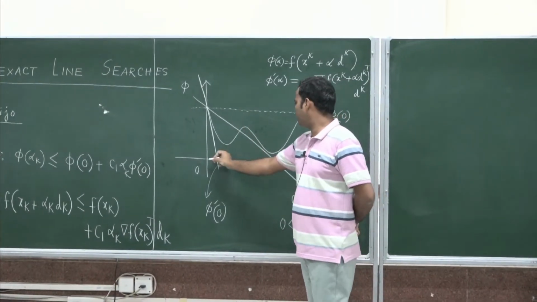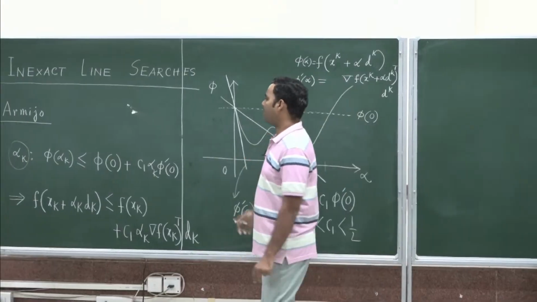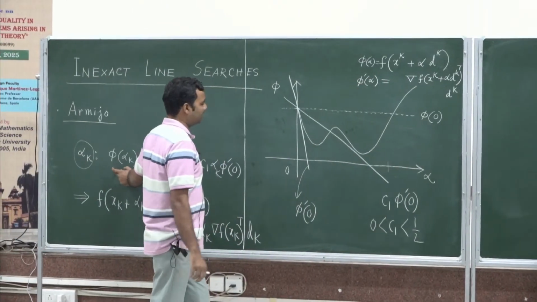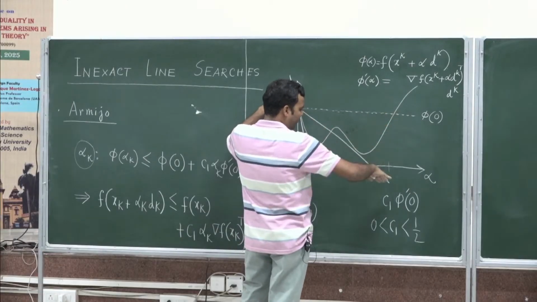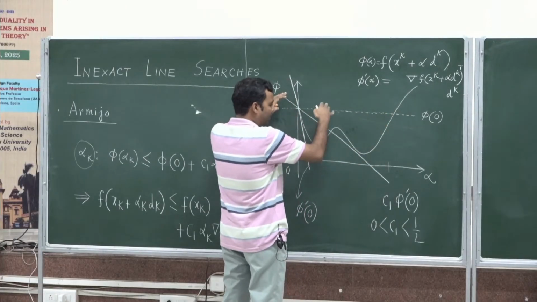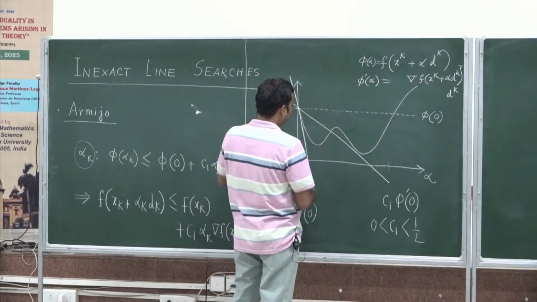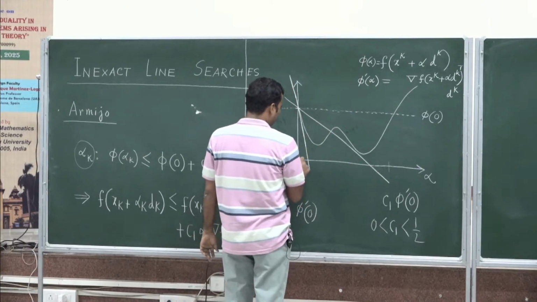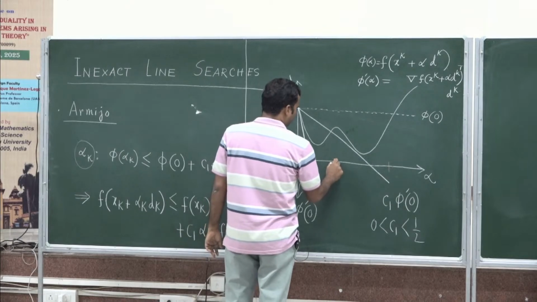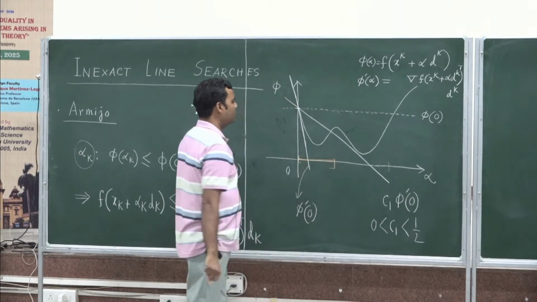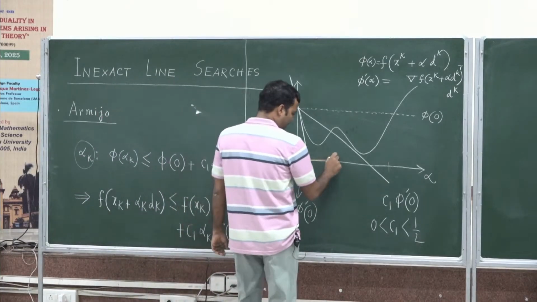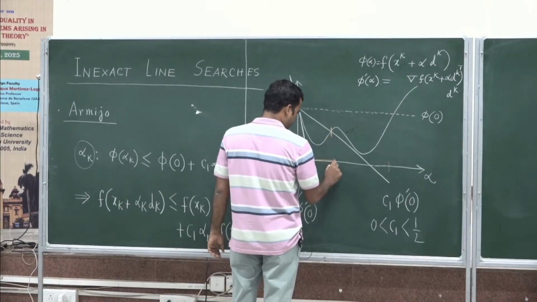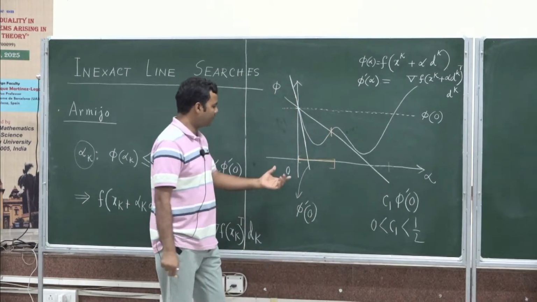What are the alpha k's, what is the range of alpha that satisfies that the function has value below this particular line? Here you obviously observe that it is from here to this particular region. These are the range of alpha values which satisfies this inequality, and then here I cut off because of the intersection, this intersection comes over here. And then how to figure out alpha k?